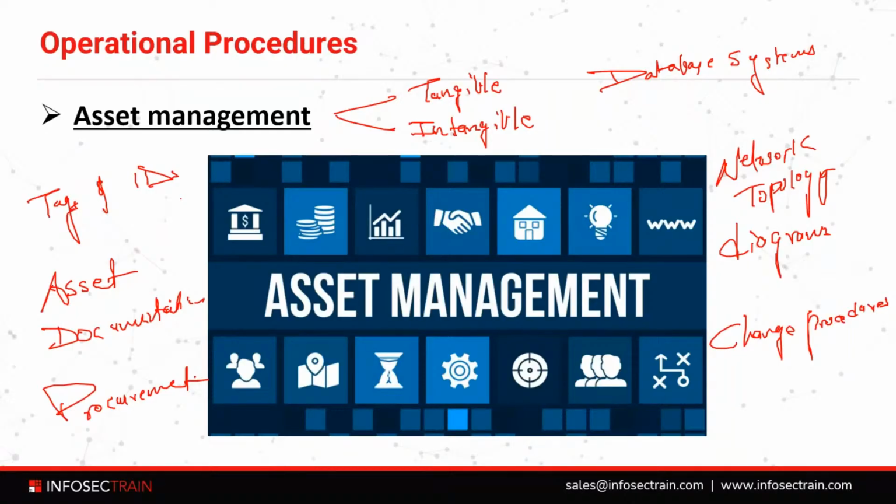Procurement determines a budget and identifies a trusted supplier or vendor for the asset. Deployment does what? It implements a procedure for installing the asset in a secure configuration. Then maintenance.